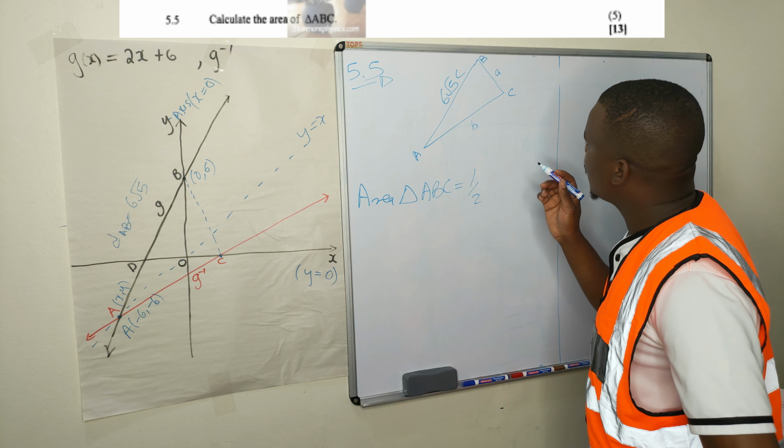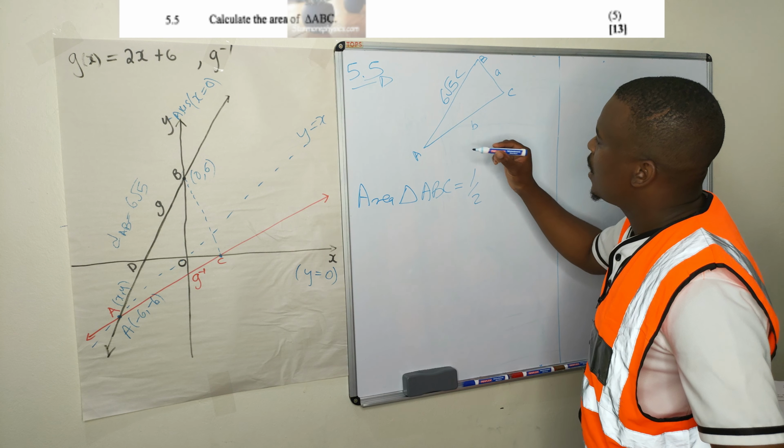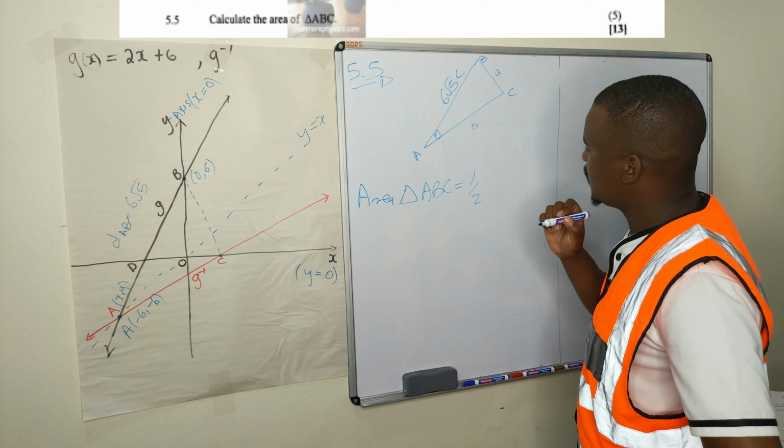So what this is saying is that your area, if let's say in this case I have this angle here to be theta, right?